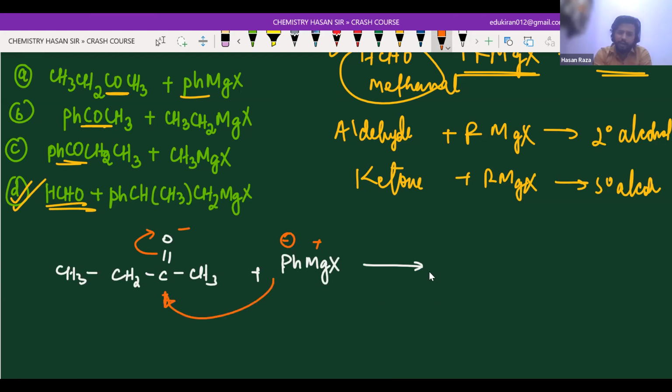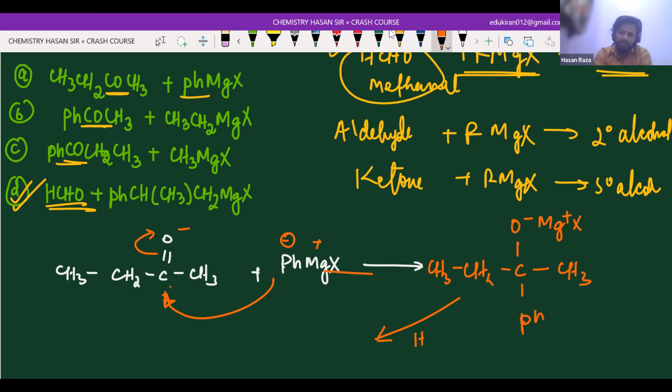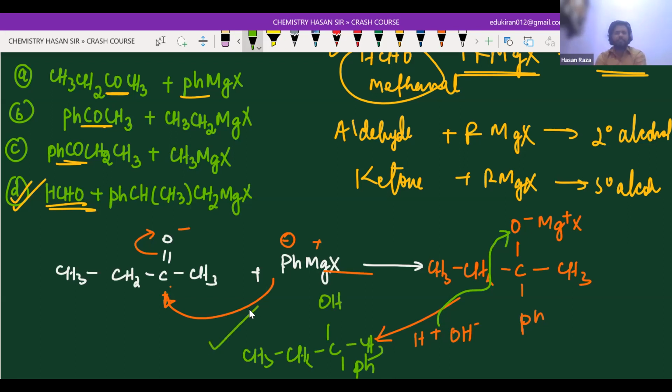So this will be attacking here, and you will be getting CH3 CH2, and then CO negative, and here it will be pH, and then comes your Mg plus here and X, and with the C there was CH3. And after this you are going to do the hydrolysis, H plus OH minus, and then this H plus will be going here, and this will be your CH3 CH2, and then CPH, and then again OH, and then CH3. So you can think like this. It is the same. And you can do the rest of the reactions with all these three, you will be getting different answers.